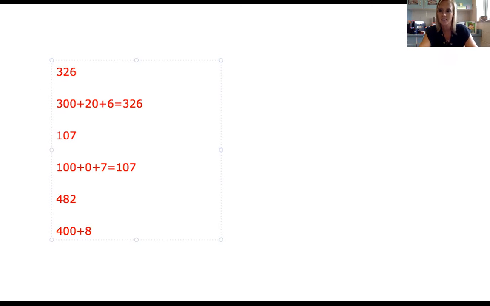But that 8 doesn't stand for 8. It stands for 8 10 sticks. 8 10 sticks would be 10, 20, 30, 40, 50, 60, 70, 80. So that's what I need to put there. And last, my ones digit is just a 2. If I added 400 plus 80 plus 2, my answer would be 482.